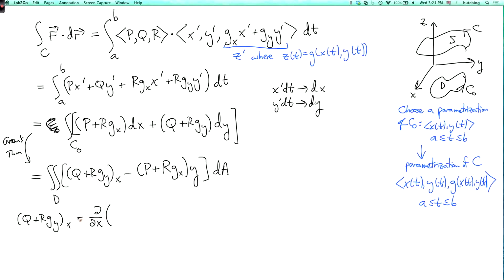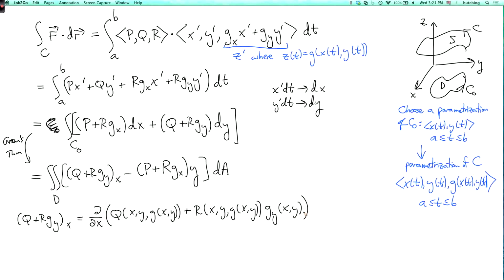So to use the chain rule carefully, I'm going to put in what everything depends on. So q is evaluated at the point x, comma y, comma g of x, y. And r is evaluated at the point x, comma y, comma g of x, y. And g_y is evaluated at the point x, y.